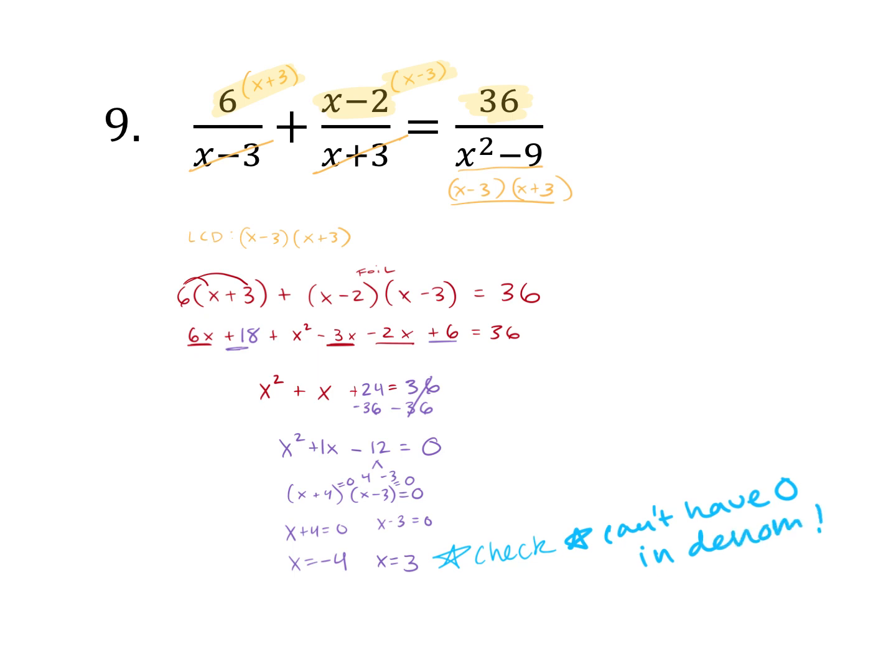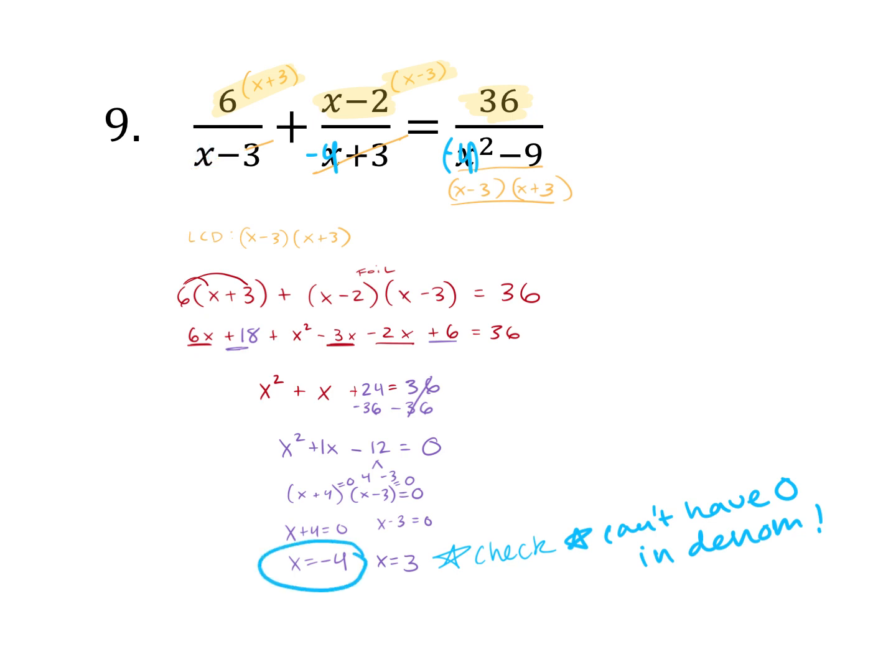So we need to plug them both in to make sure neither one gives us 0 in the denominator. So when I plug in negative 4 minus 3 is not 0. We're good there. If I plug in negative 4 plus 3, not 0. So good there. Negative 4 squared would be 16 minus 9, not 0. Awesome. So negative 4 works.